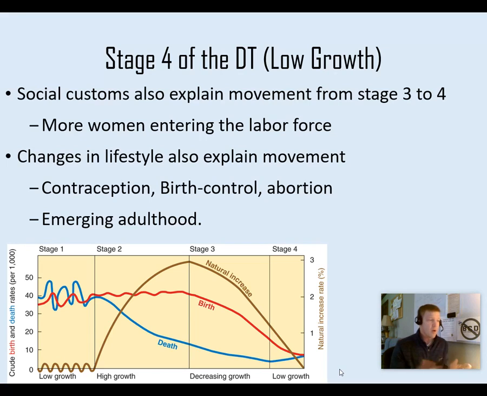You also have more access to contraception. And the last thing is emerging adulthood. That is to say, people are marrying later in their life. And not only are they marrying later, but that delays childbearing years. Your book defines that as 15 to 49.